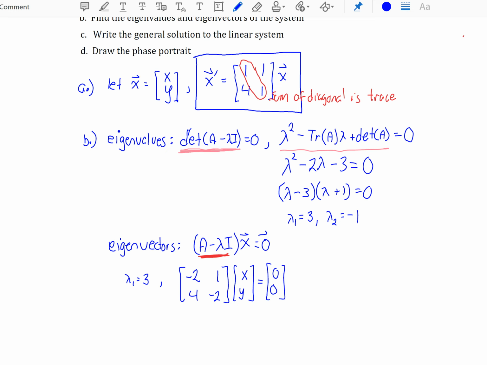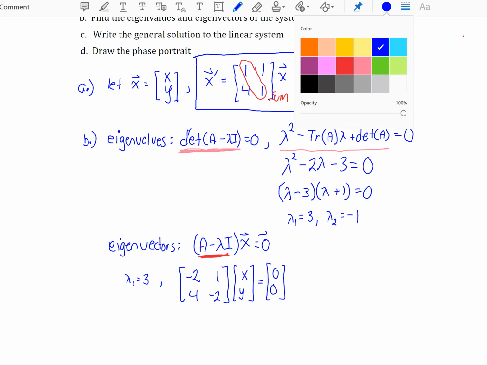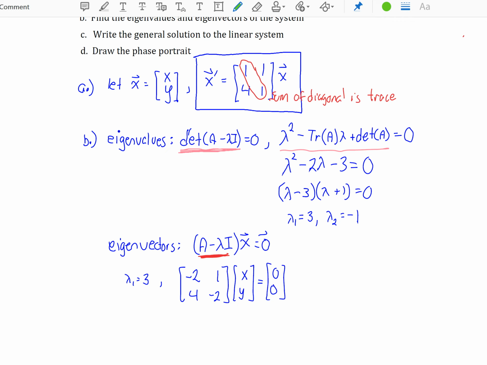Now recall, our original matrix A is non-singular. The determinant is not 0. However, we're finding an eigenvalue that forces this matrix to be singular. So when we subtract 3, this new matrix must be singular. It must be that one of the columns is a multiple of another.